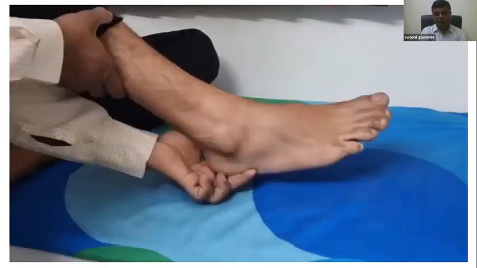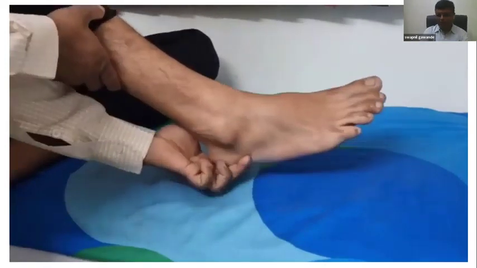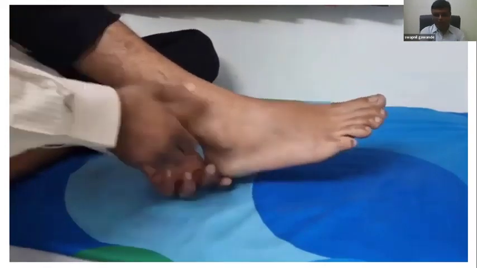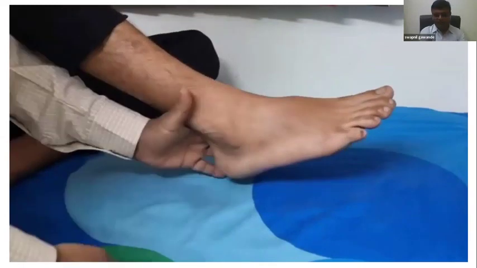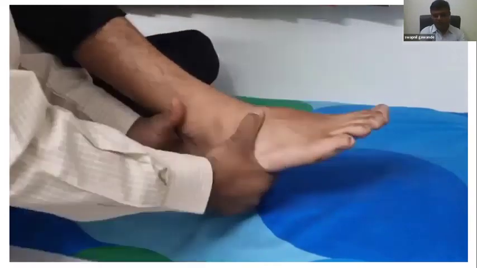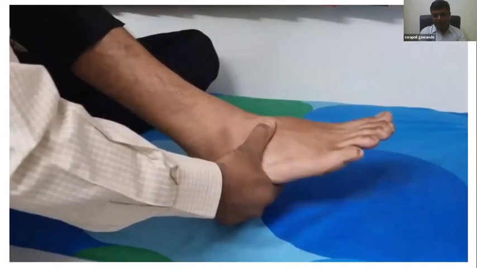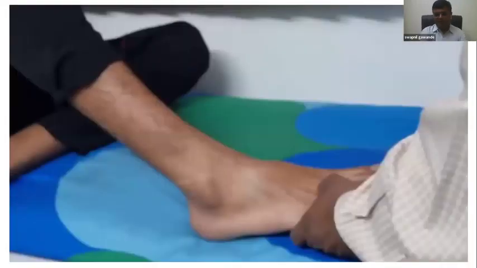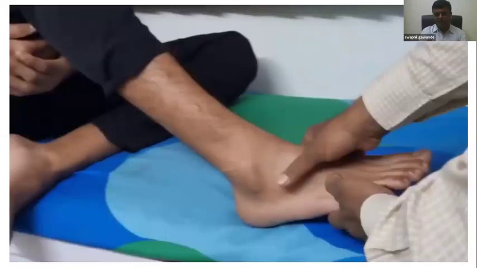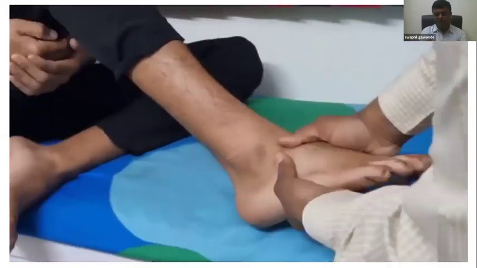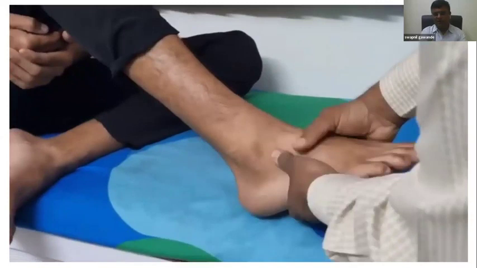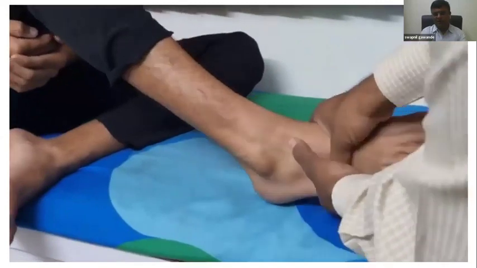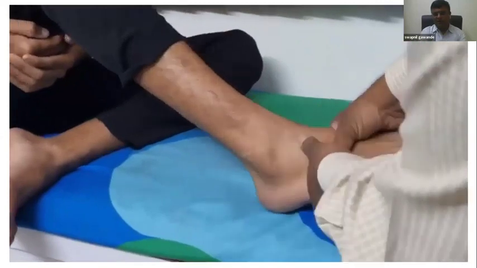Now he is telling me that when he is dorsiflexing the ankle, he has pain, and when I twist it laterally, he feels better, and when I twist it medially, he has pain.